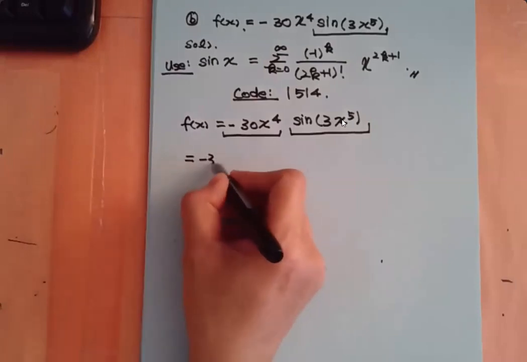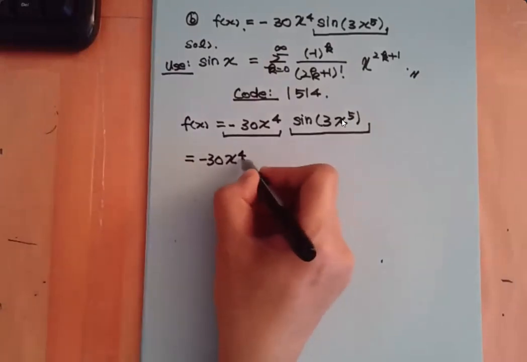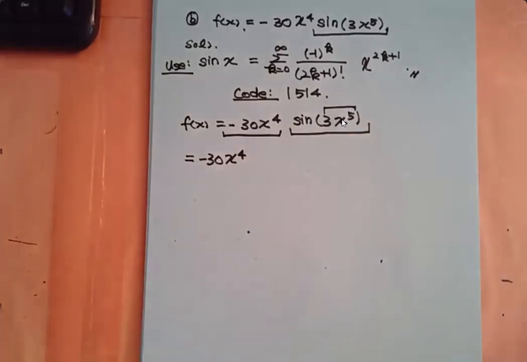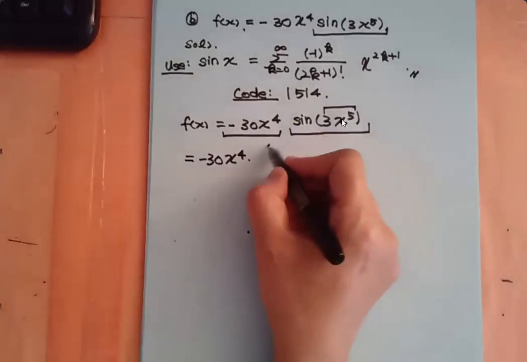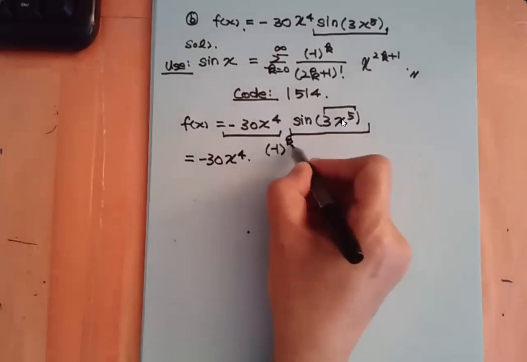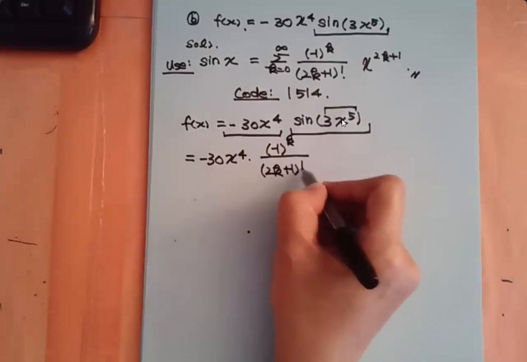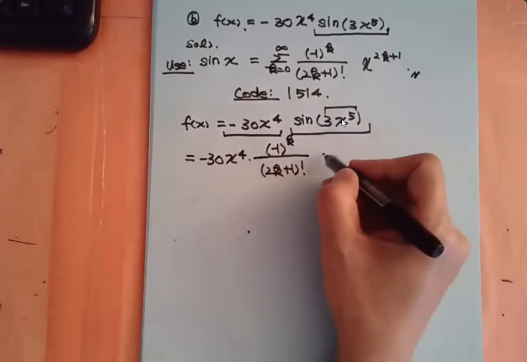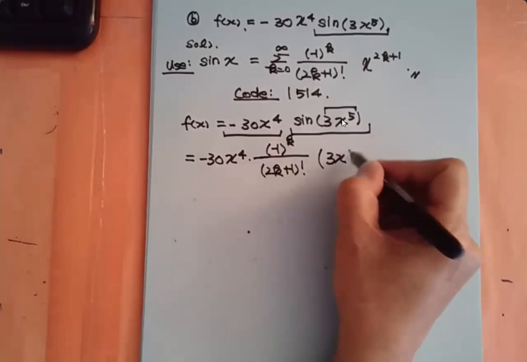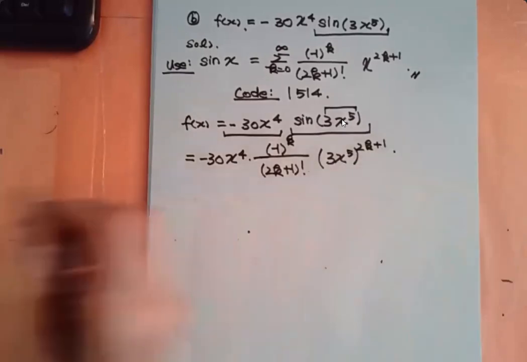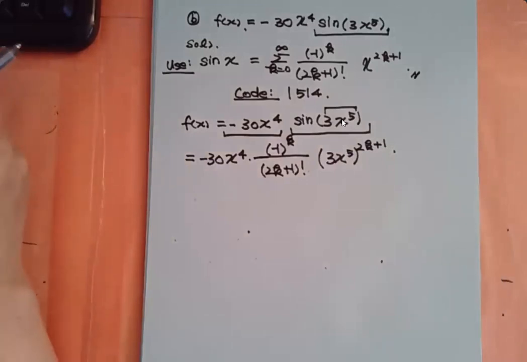So -30 x to the 4th power, instead of x, I will replace x by 3x to the 5th power times -1 to the kth power over 2k plus 1 factorial times x is 3x to the 5th power, 2k plus 1, right?